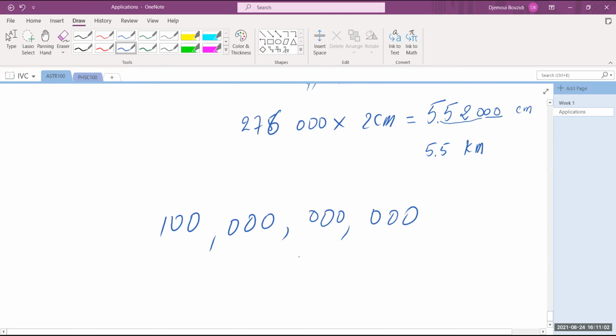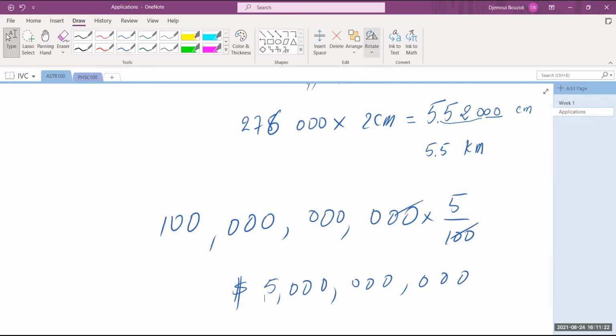And a nickel is basically 5 cents, or 5 divided by $100. So cancel these two zeros. And basically we have to go to the bank and grab $5 billion in nickels. Okay? And sprinkle it throughout El Centro. That would be a fun experiment, wouldn't it?